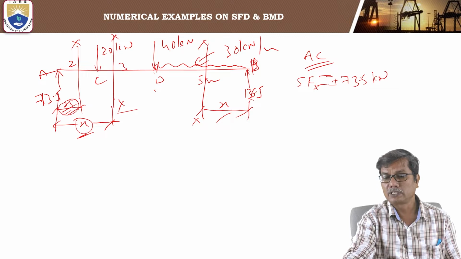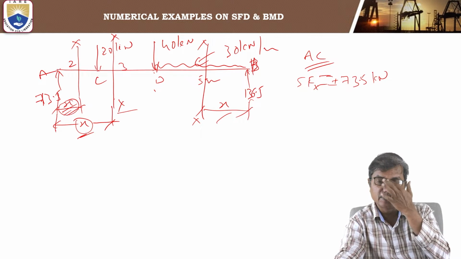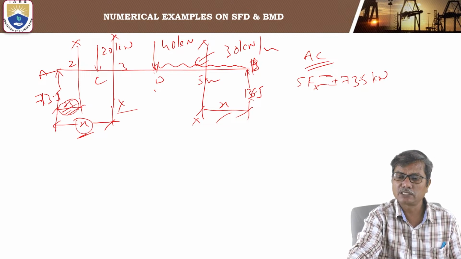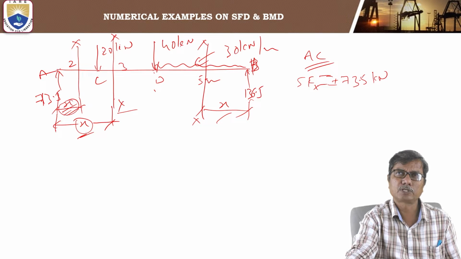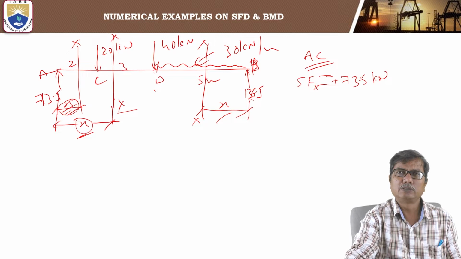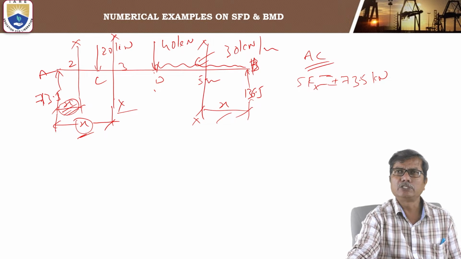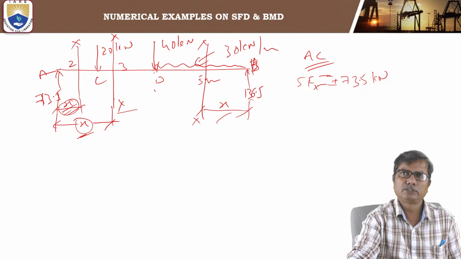So when you observe this, it is independent of distance x. What does this mean? Shear force remains constant between A and C because there is no load acting between A and C. Okay, so this can be concluded: in whichever portion there is no load acting, the shear force remains constant between the ends of the section.